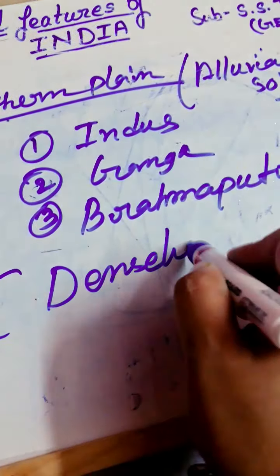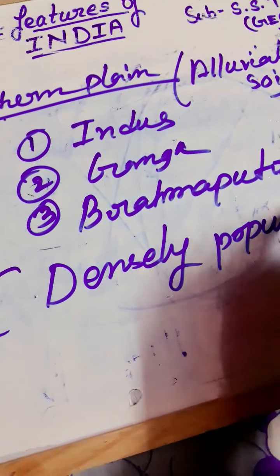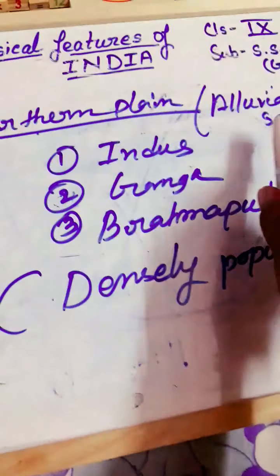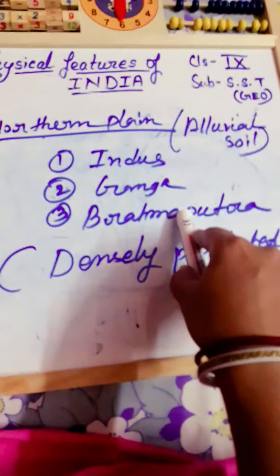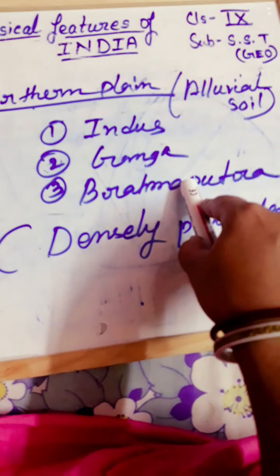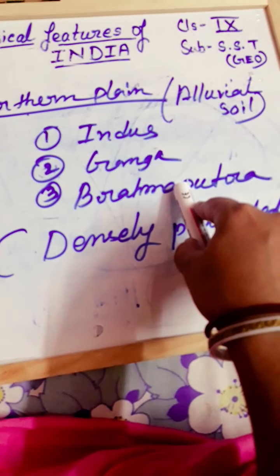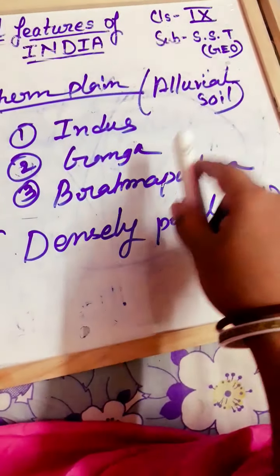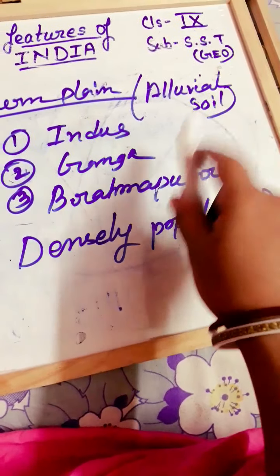This portion is a densely populated area, because the alluvial soil is found here and these three river systems are also noticeable. What are the basics of our need? The food, the shelter, the water, and the clothes.